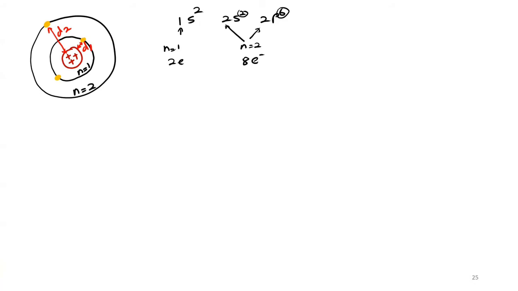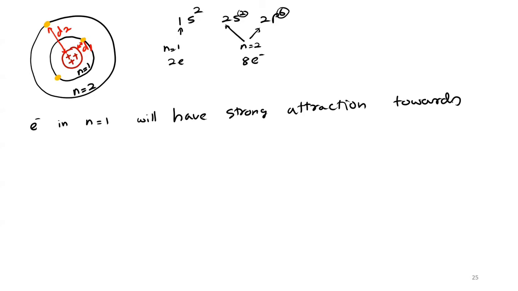What do you think about the distance? How do you think these electrons are feeling the nucleus? So if you think about an electron in n equals 1, it will have strong attraction towards the nucleus. Why?